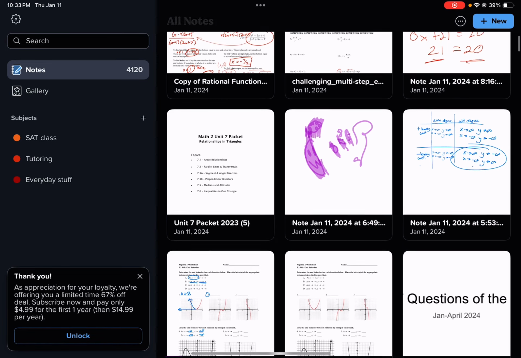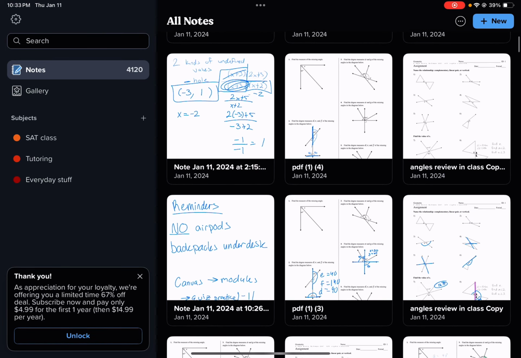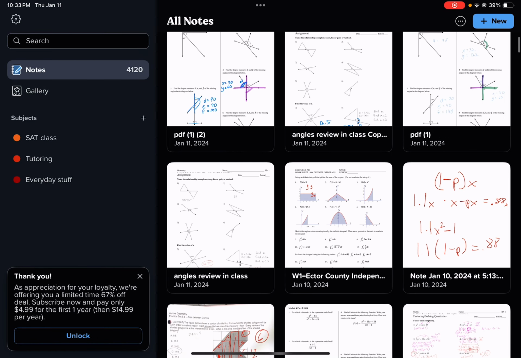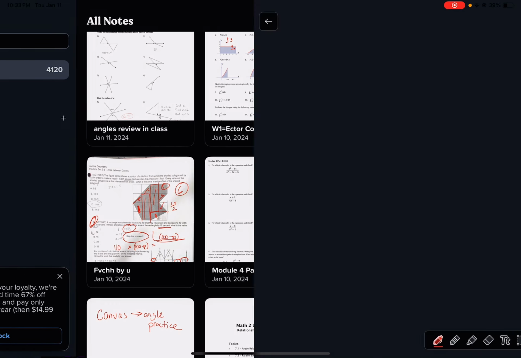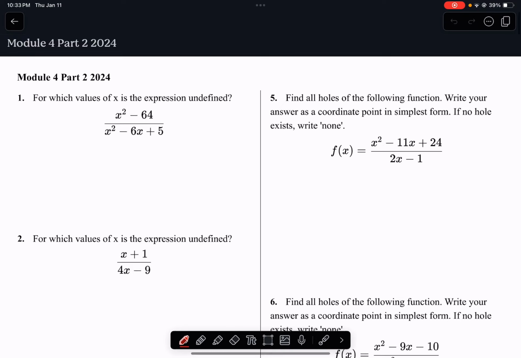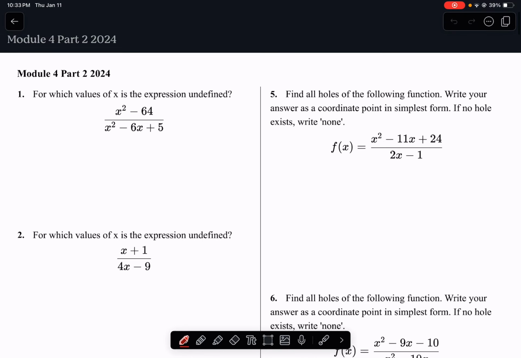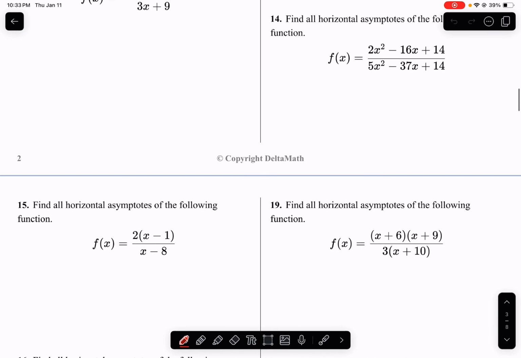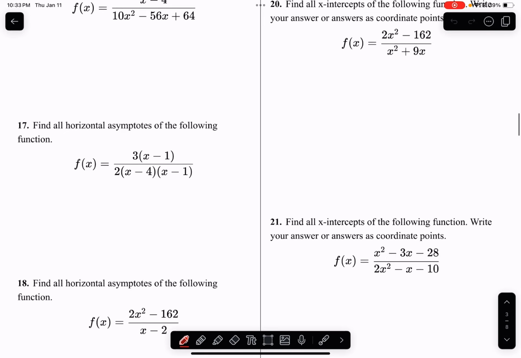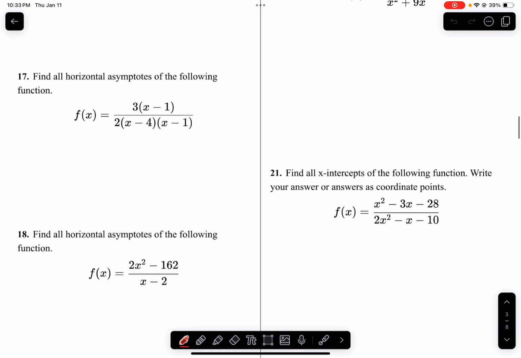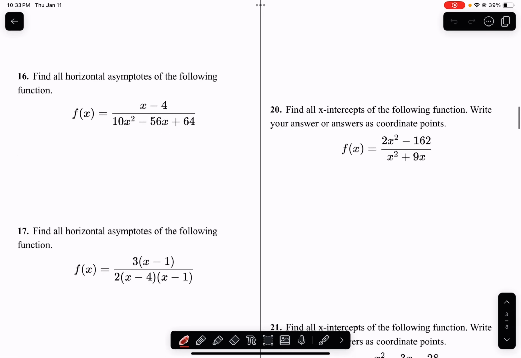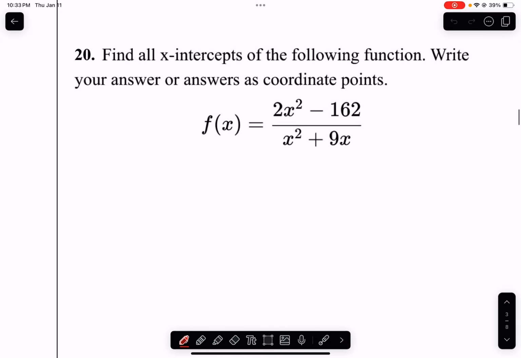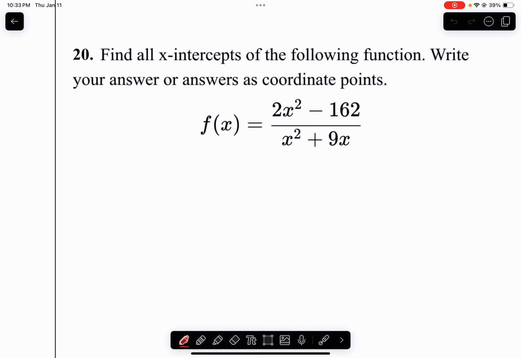Okay, so of course I lost where I was. All right, so we're going to go and look at where our x-intercepts are at, which happens here. First thing we're going to do is factor the heck out of everything.